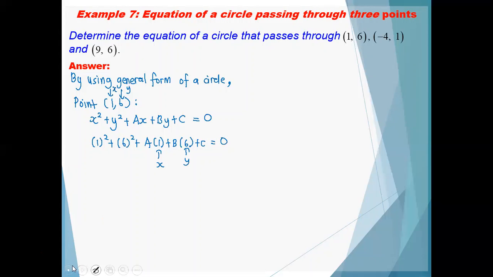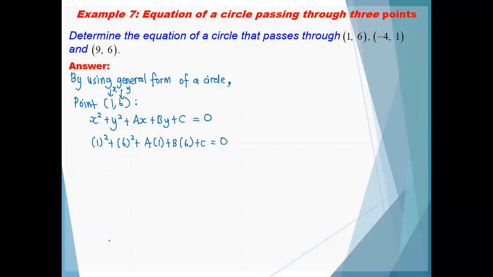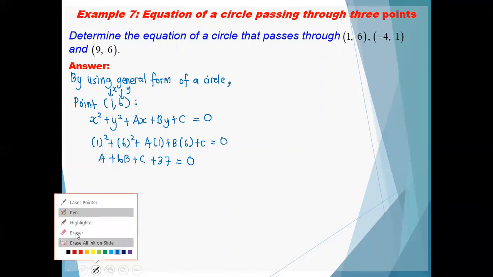Okay, you simplify, so you get a plus 6b plus c plus 1 plus 36, which is 37, is equal to 0. Okay, so this is equation 1.